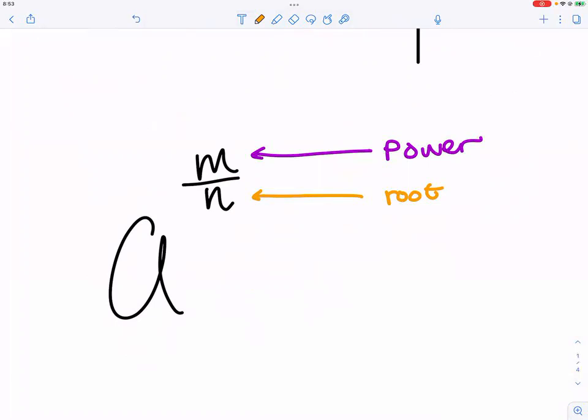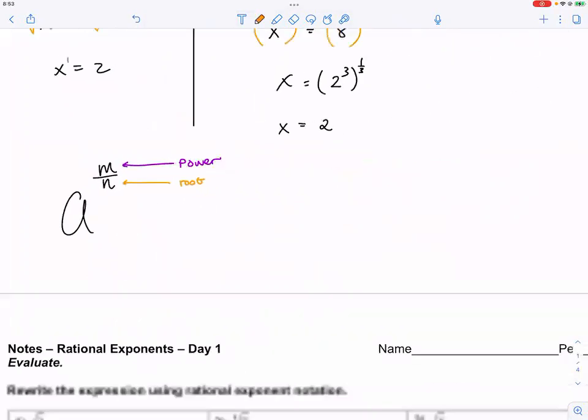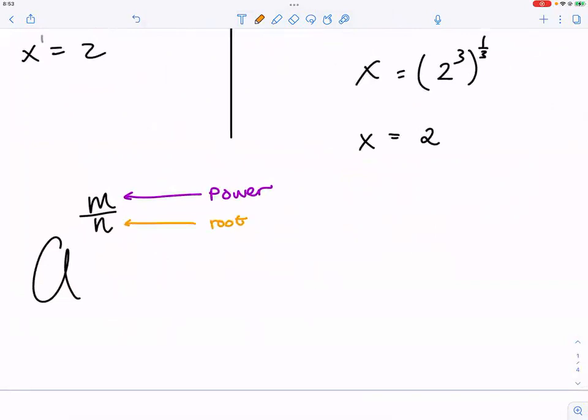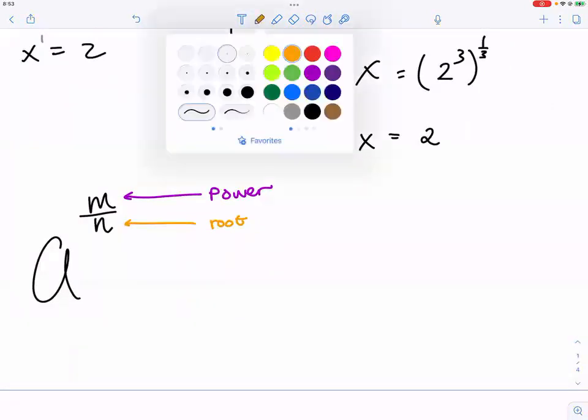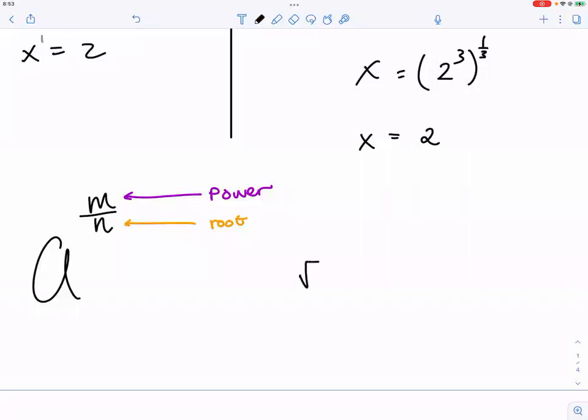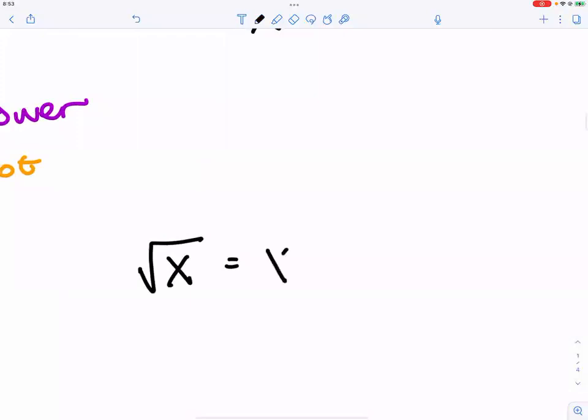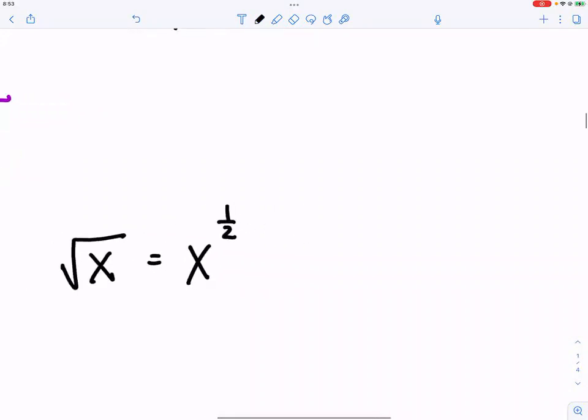So let's go through a few quick examples before we flip to the front page. If we say, hey guys, square root of x, and we want to rewrite this in the exponent form, rational exponent form, we will say this is x to the 1/2. Square root of x is the same as x to the 1/2.